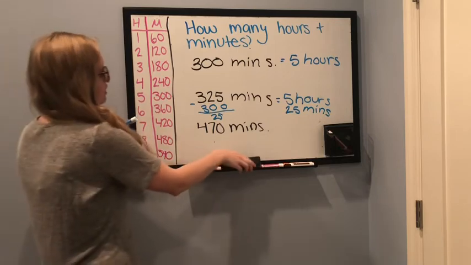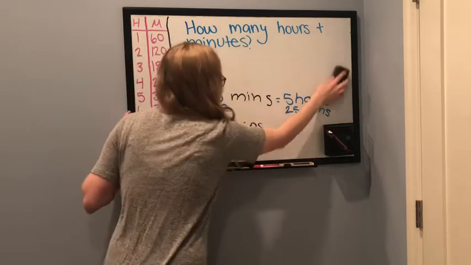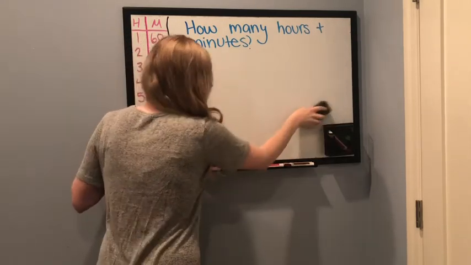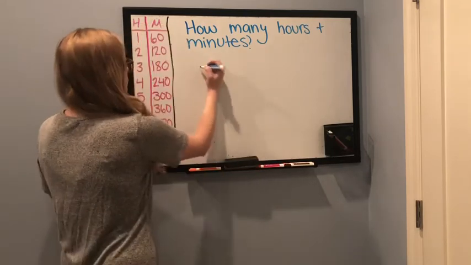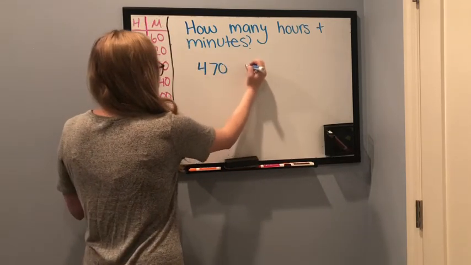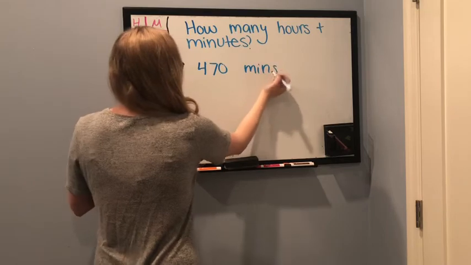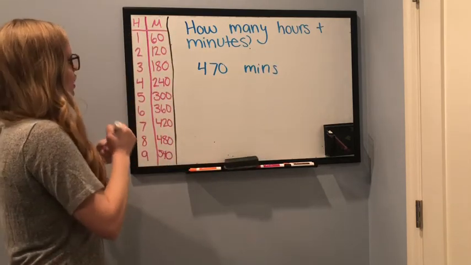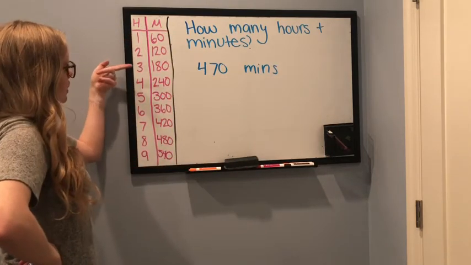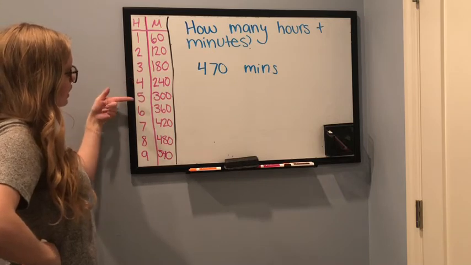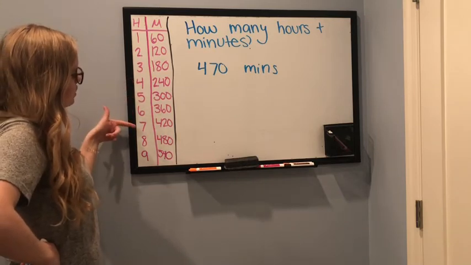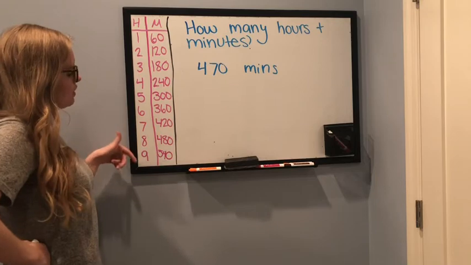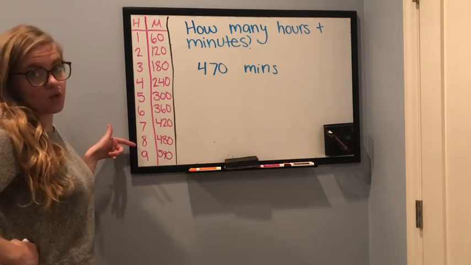I'm going to move this one up. I remember what it says. It's 470 minutes. All right, again, tell me when I've gone too far. 60, 120, 180, 240, 300, 360, 420, 480. That's over, right?